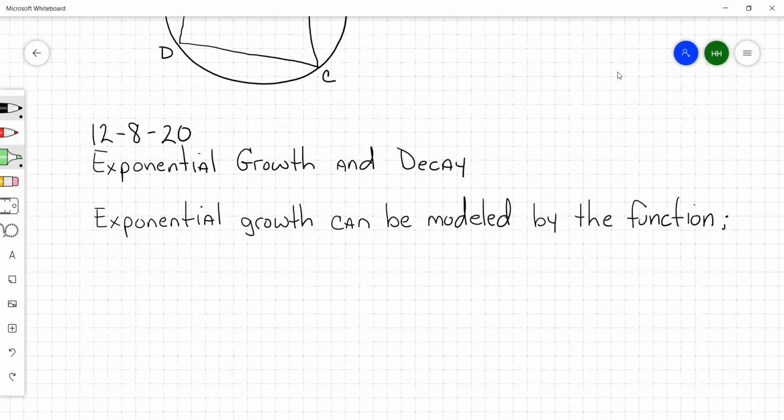y is equal to a times b to the x power, where a is greater than 0 and b is greater than 1.